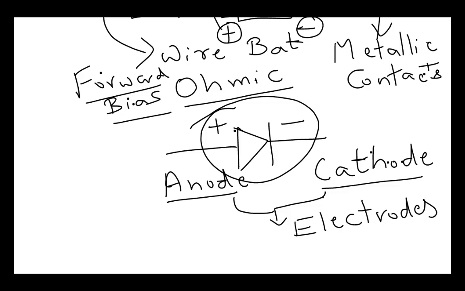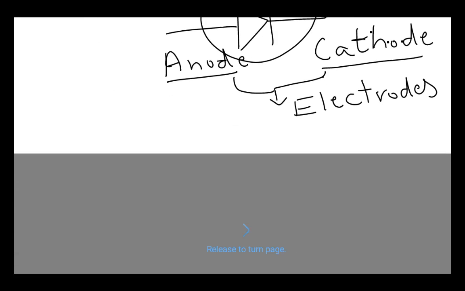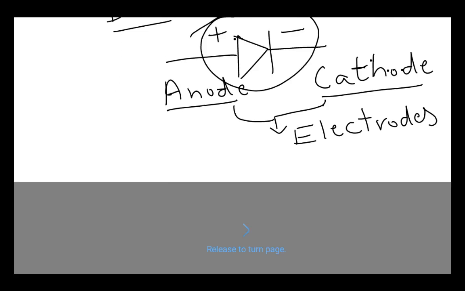Now let us see what happens when a diode is connected in a forward biased mode.